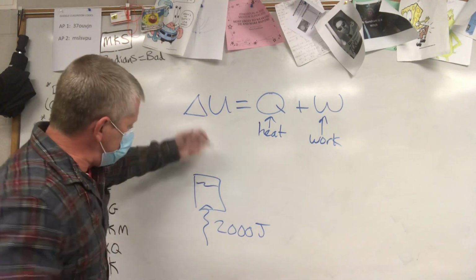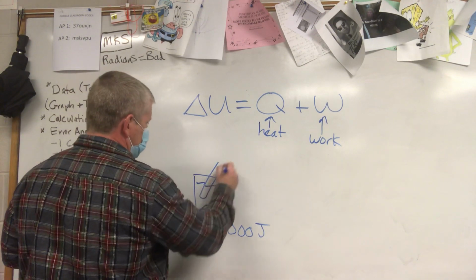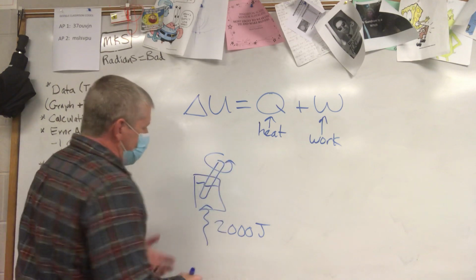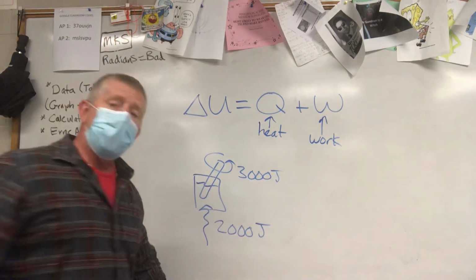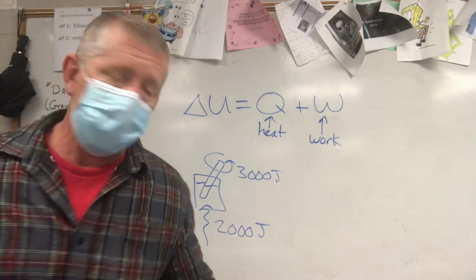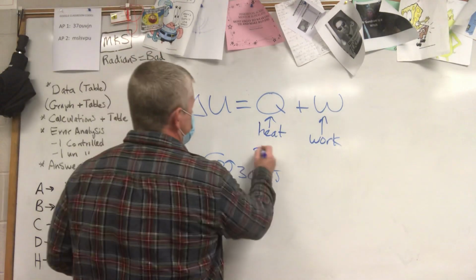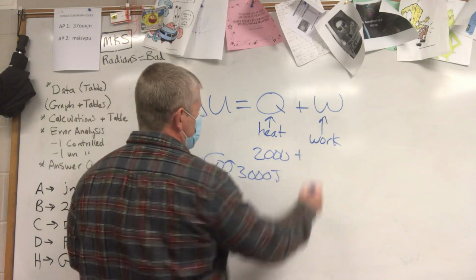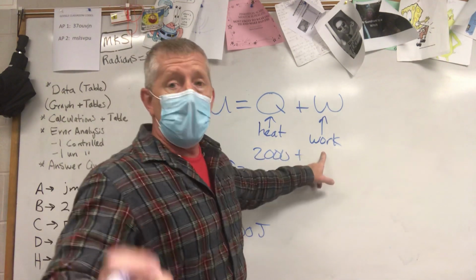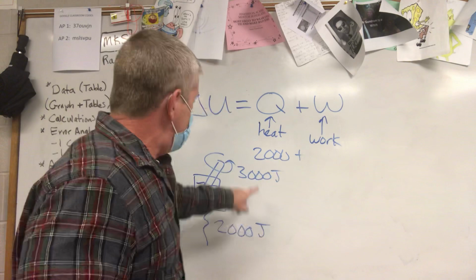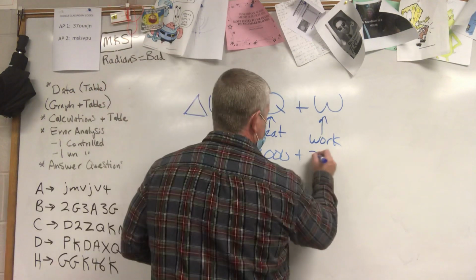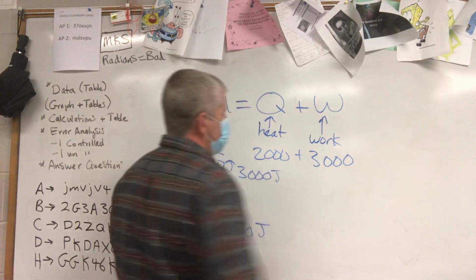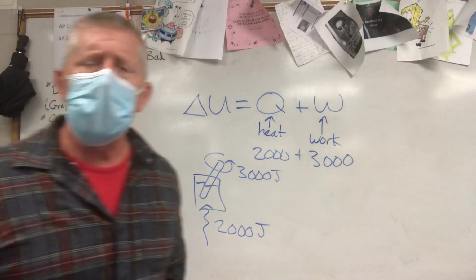And I stir it up and add 3,000 joules of energy. What is my change in internal energy? Well, 2,000 plus work is done on the water. On the water, that's positive work. So that's positive 3,000.